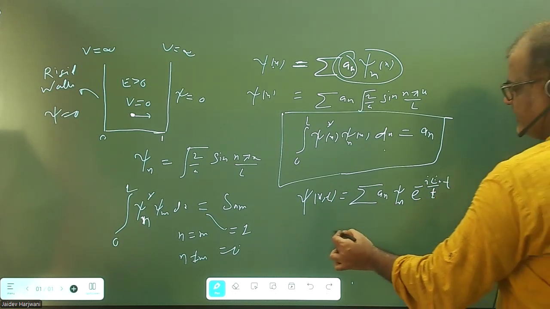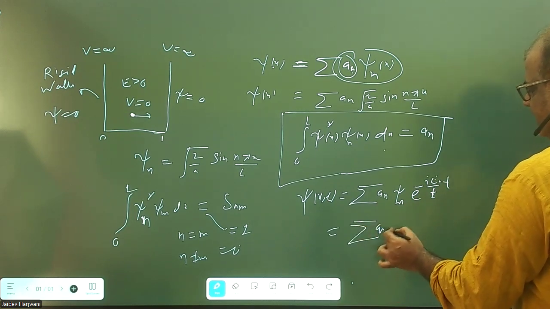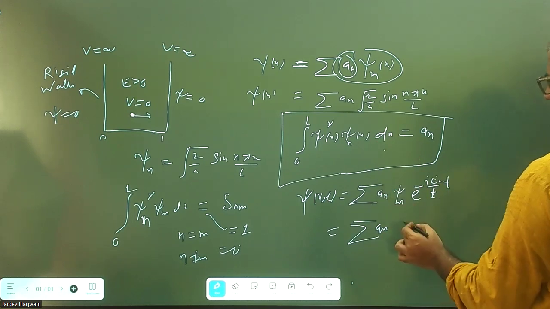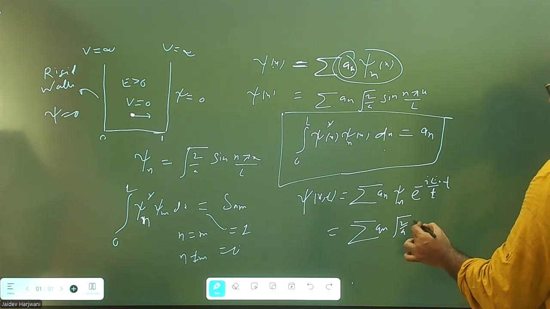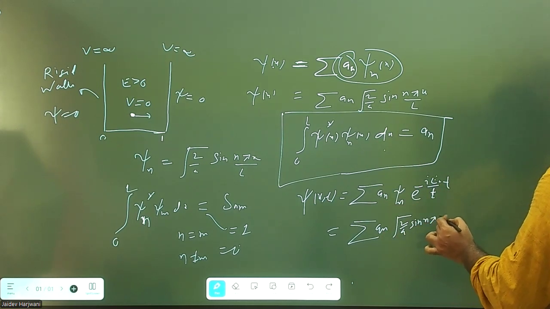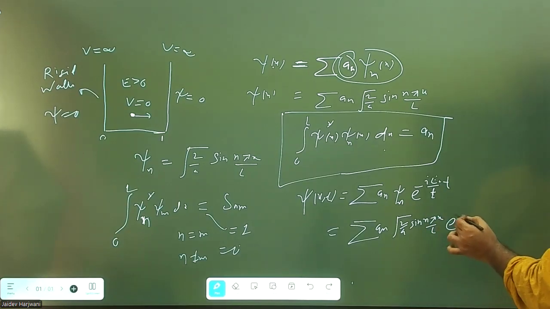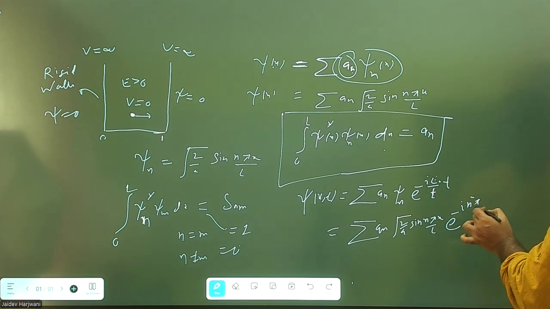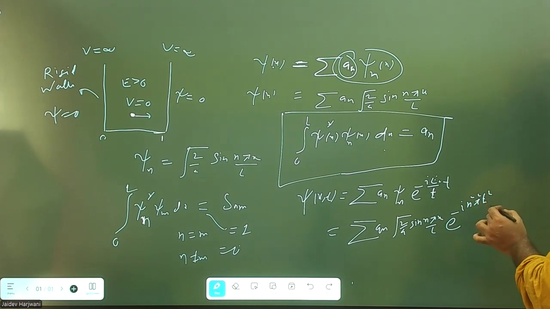You know psi n: psi n is root 2 upon a sine n pi x upon L, times e power minus iota n square pi square h cut upon 2 m L square into t.